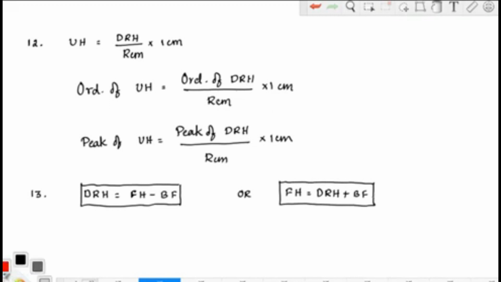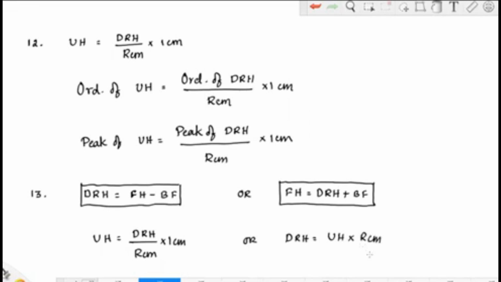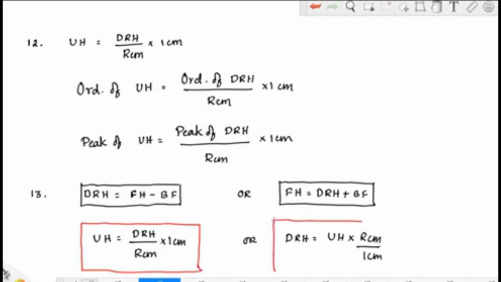Next point what you have to remember is that unit hydrograph is equal to DRH by R centimeter into 1 centimeter, or you can remember DRH is equal to UH into R centimeter divided by 1 centimeter. So these logical points you have to remember. These are very important, which will help you to solve problems.